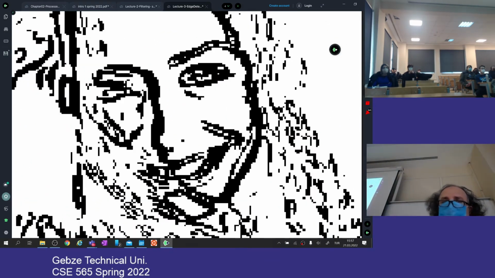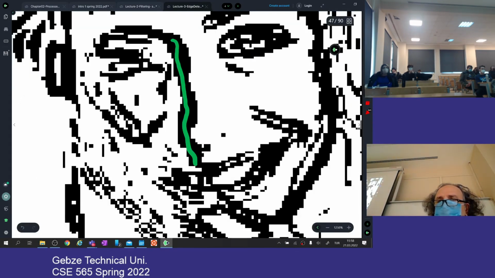I would expect that only a single pixel wide line has to be detected as edges, but it looks like for the same edge, I have 1, 2, 3, sometimes 1, 2, 3, 4. Yeah, 4. Is that 4? Maybe 5. 5 pixels are marked as edges. I mean, there is a thin edge in there, like this one maybe.